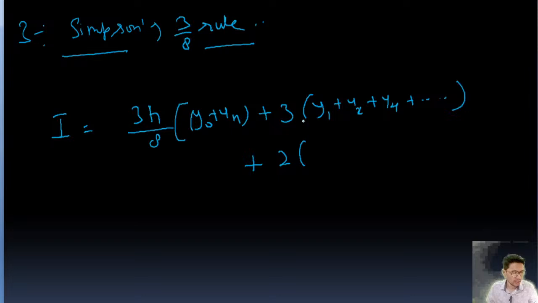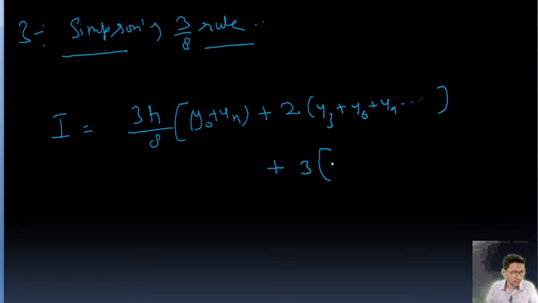I think I've made a mistake, this is not 3. I can write for this: 2 into y3 plus y6, plus y1 plus y2 plus y4 and so on, right?